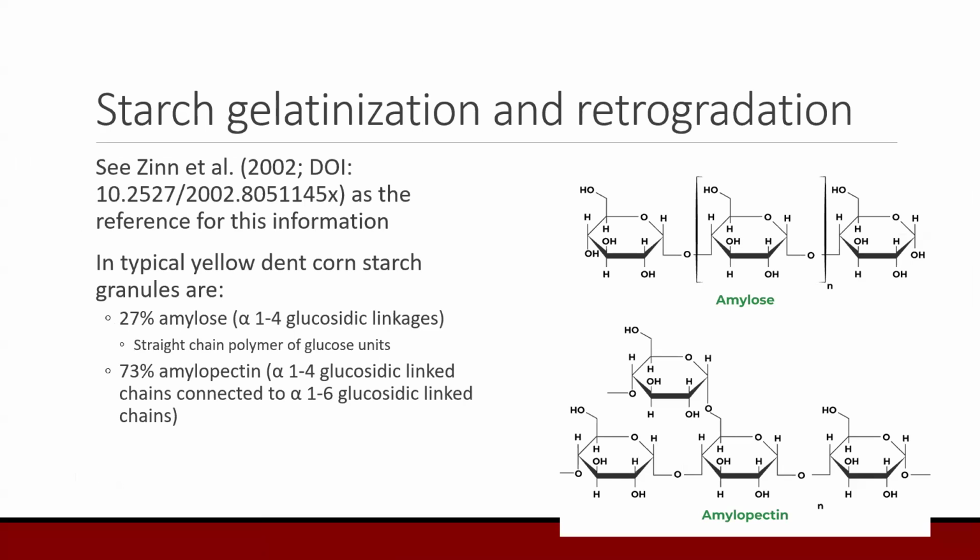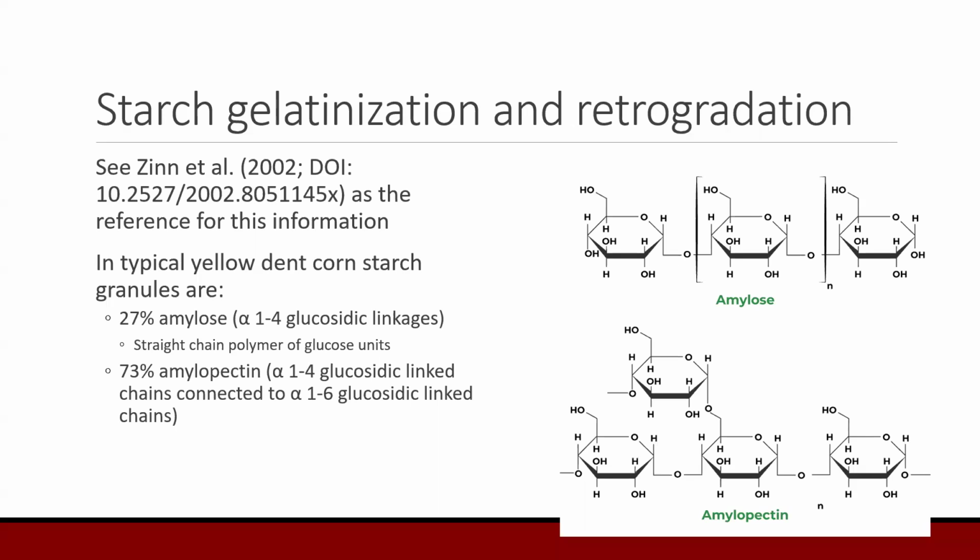So the benefits of steam flaking are not just about how it impacts that pericarp and exposes the endosperm. It also causes what's called starch gelatinization. I pulled most of this from Richard Zinn's paper out of 2002. In typical yellow dent corn, the starch granules in that endosperm are about 27% amylose and 73% amylopectin.